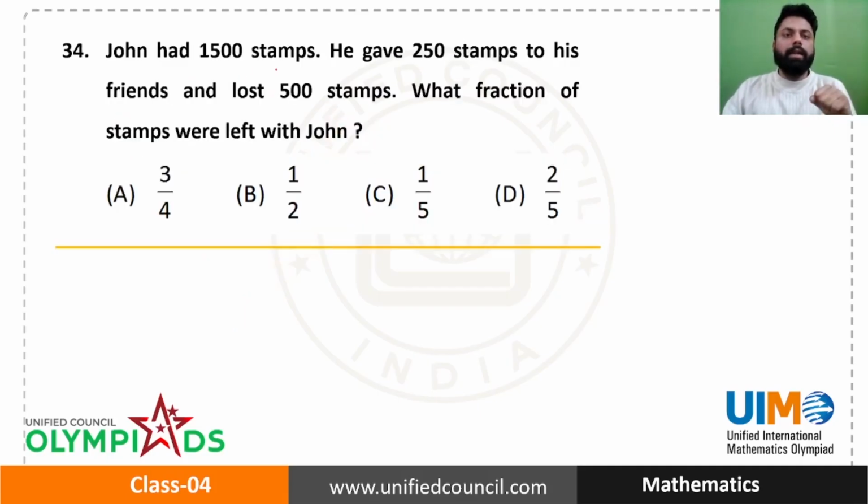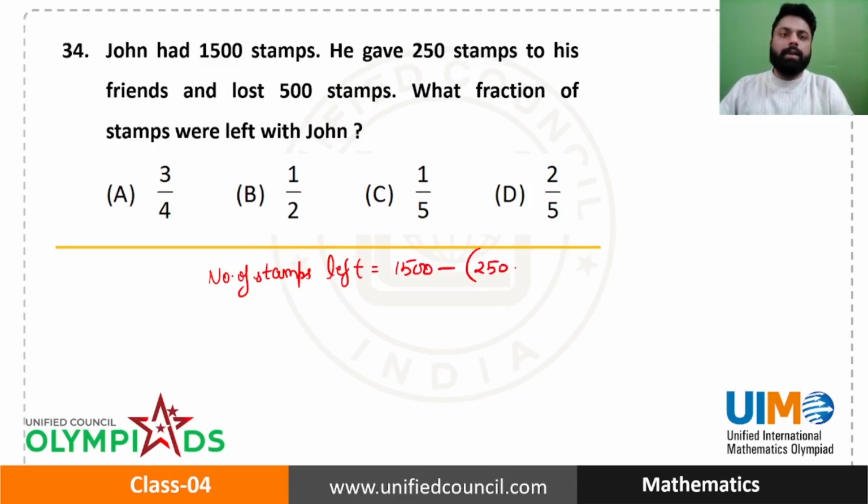John had 1500 steps. He gave 250 steps to his friend and lost 500. What fraction of steps were left? Number of steps left is equal to 1500 minus the amount he gave to his friend and the amount he lost.